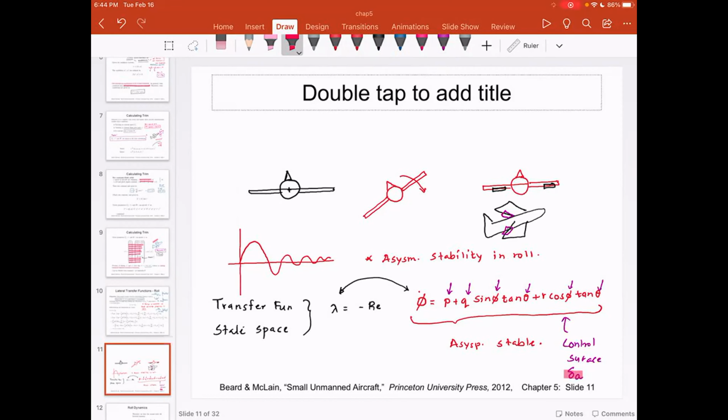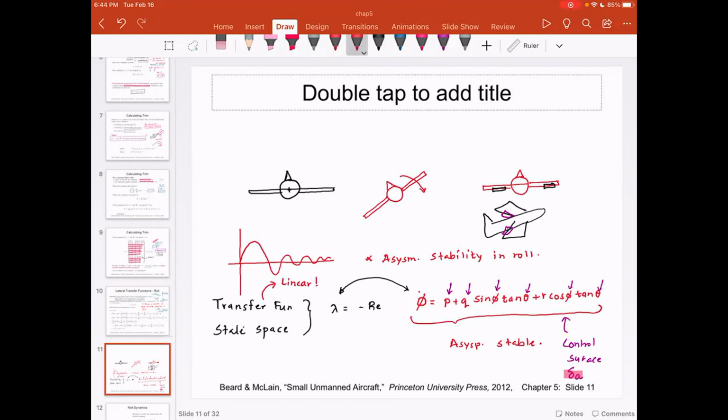Now what I want to do is append this equation with a control surface so that the eigenvalues of this equation will have negative real part. That is what we are going to do in control. And please note, the transfer function technique is only applicable for linear systems.